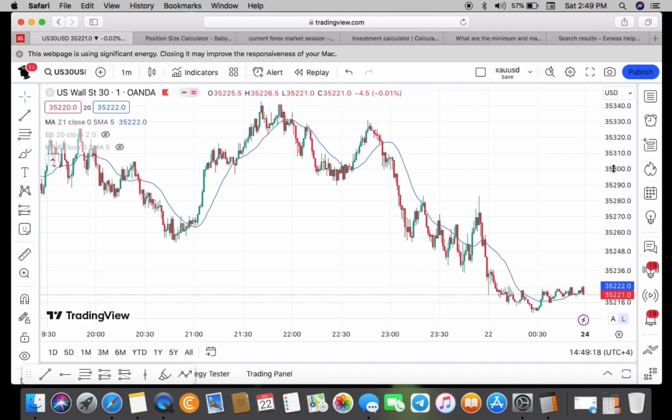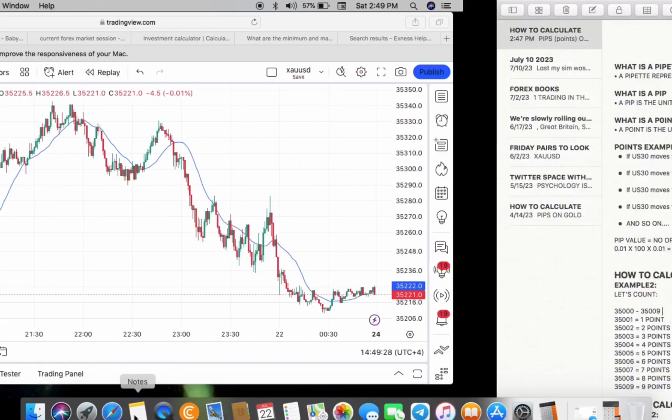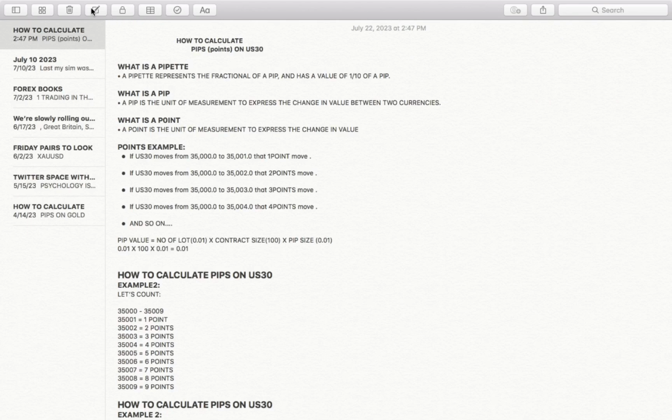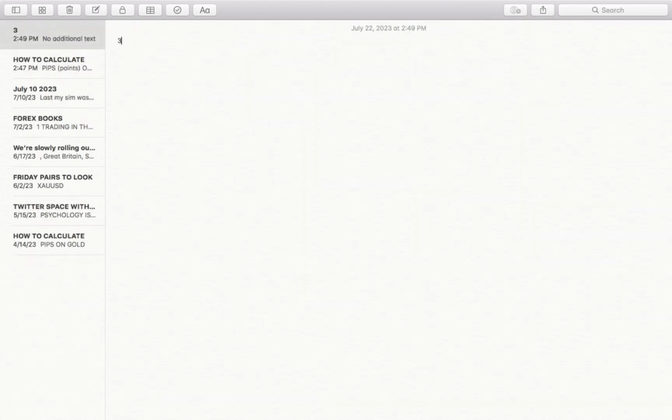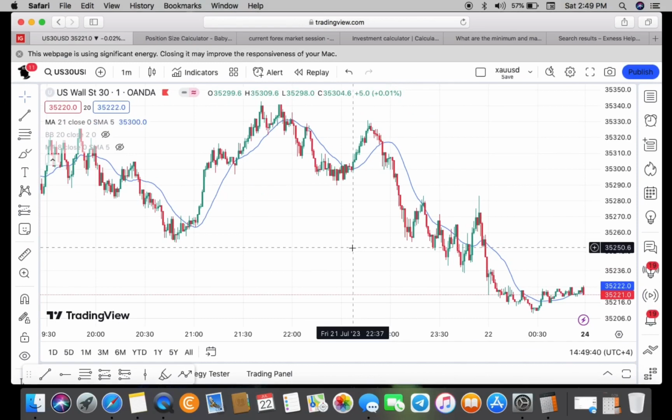That's automatically a 10 points move. Suppose I'm buying from this place, guys. I'm buying from 35,000, and let's say I want to take profit at 35,320.